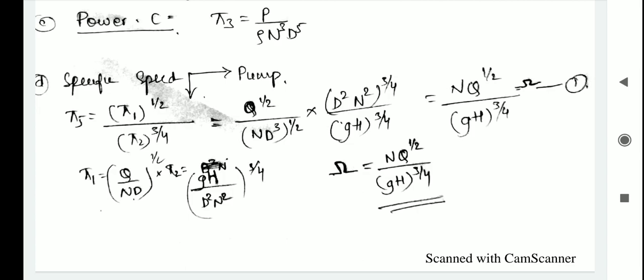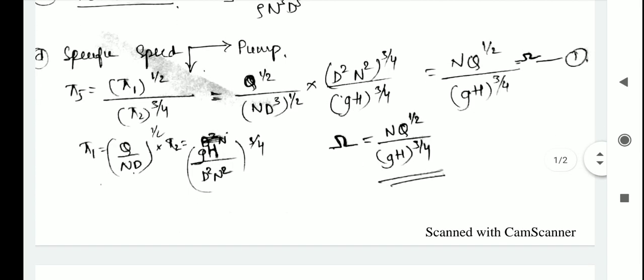All geometrically similar machines have the same specific speed irrespective of their sizes. The specific speed can be expressed in terms of discharge Q for the power absorbing machine, or power P for the power generating machine, as follows.